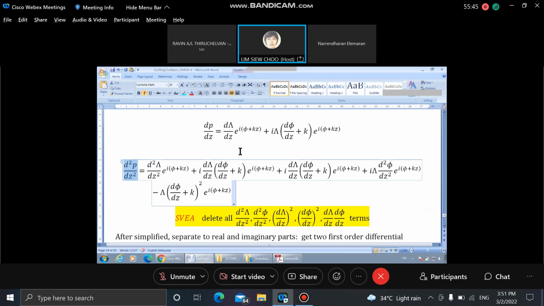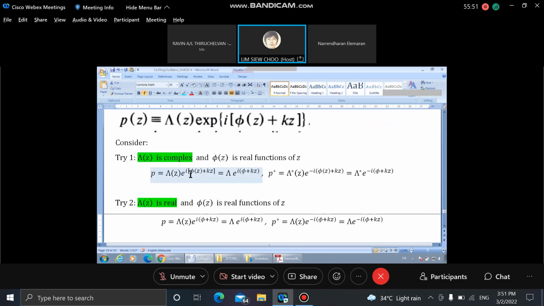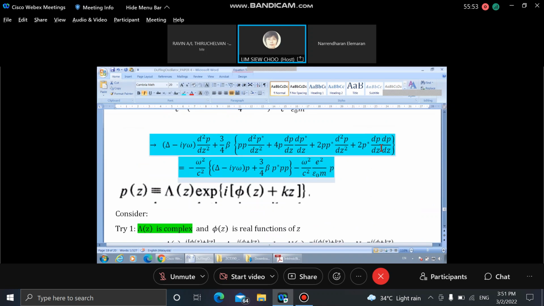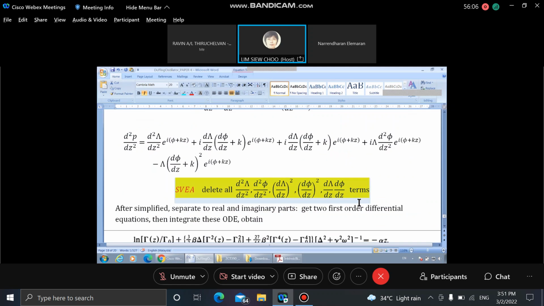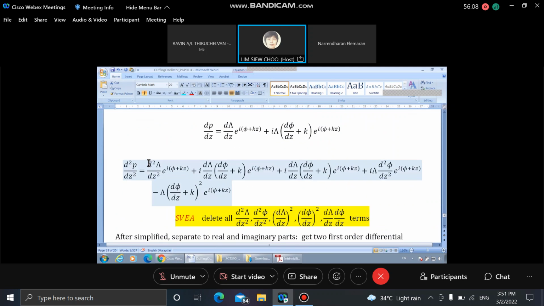After this, you have to find the dp star over dz, d2p star over dz squared, because you have this, right? You have the D2P star, you have the D2P, yeah? You have the DP, you have the DP star, all right? And all right, so here I just show you this. Differentiate this, you get these two terms.